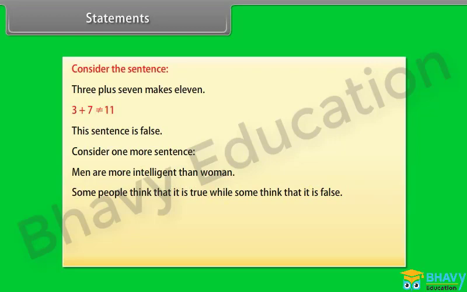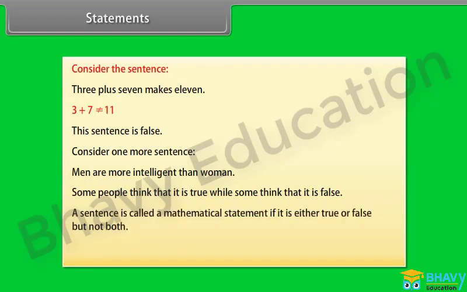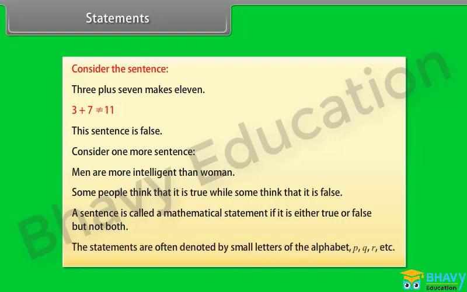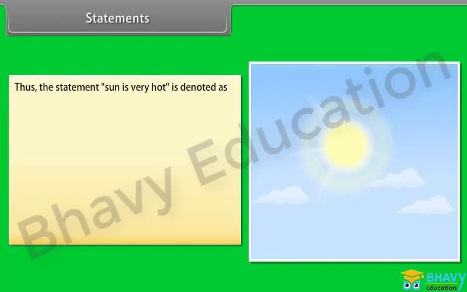Now we define a mathematical statement. A sentence is called a mathematical statement if it is either true or false, but not both. The statements are often denoted by small letters of the alphabet, P, Q, R, etc. Thus, the statement "Sun is very hot" is denoted as P, Sun is very hot.